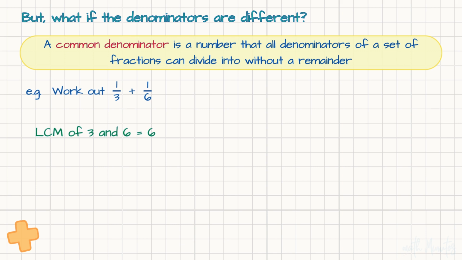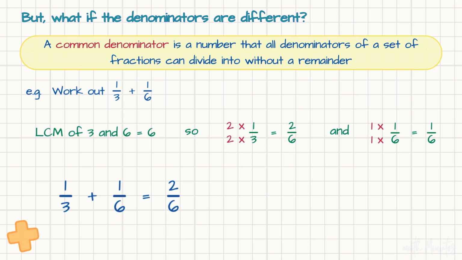We adjust both fractions to have the same denominator, so we multiply both the numerator and denominator of 1/3 by 2 to get 2/6. Once we have the same denominators, we simply add the numerators together while keeping the denominator unchanged. 2/6 plus 1/6 equals 3/6. Don't forget to simplify the fraction if needed. 3/6 simplifies to 1/2.